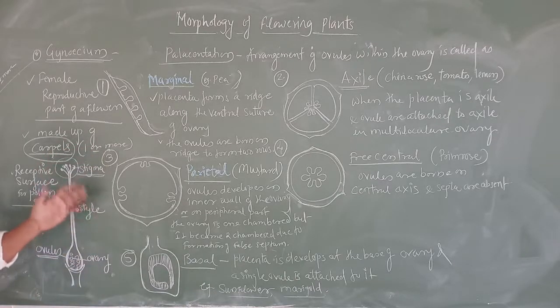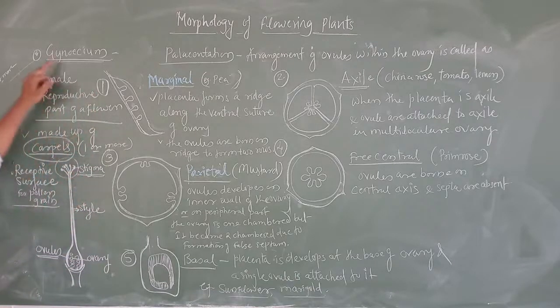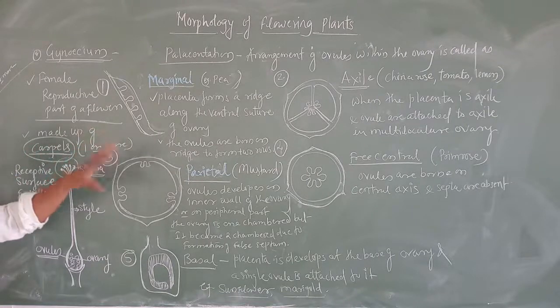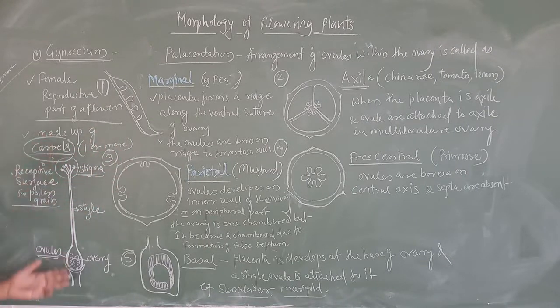Here you have to remember only this: the gynoecium is the female reproductive part of a flower, and it is made up of carpels, one or more carpels, and a carpel consists of ovary, style, and stigma. Ovary is the enlarged or swollen basal part. Style is an elongated slender part above the ovary.